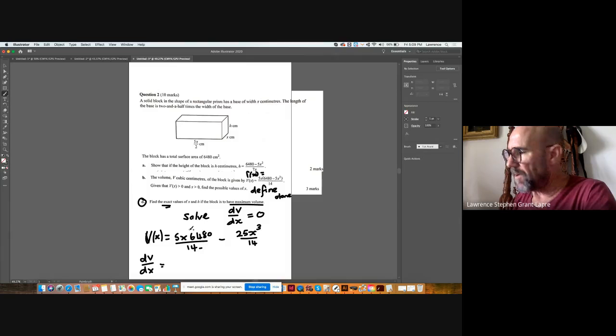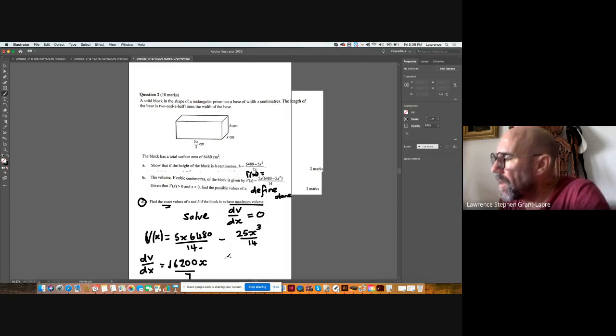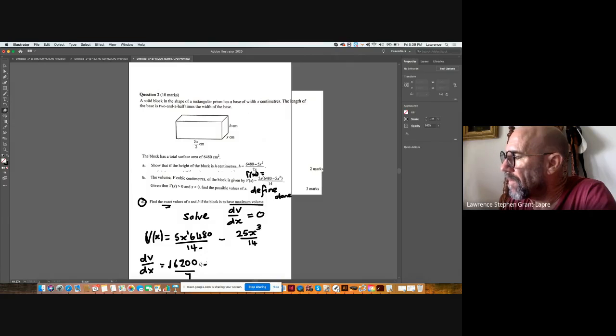Okay, that's a decimal. So it simplifies to 16,200 x over 7. And then the derivative is times 1, so then that x is gone. Sorry, that's the derivative. All right, so the derivative is simply the constant.